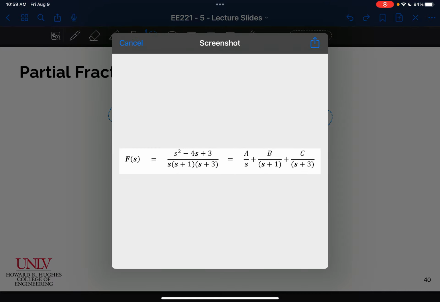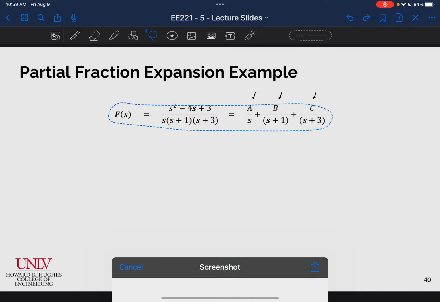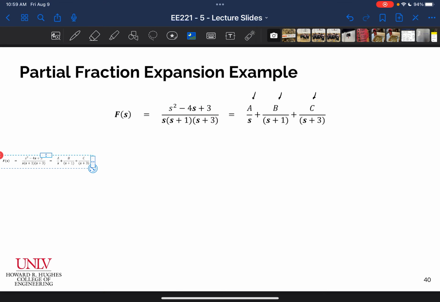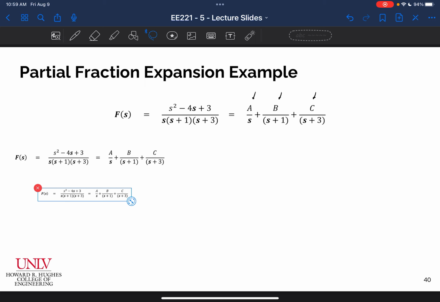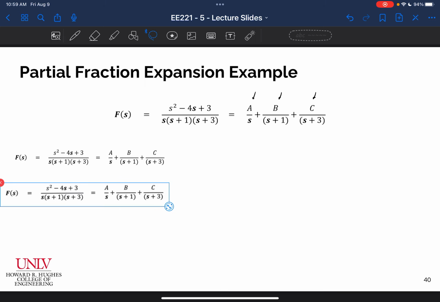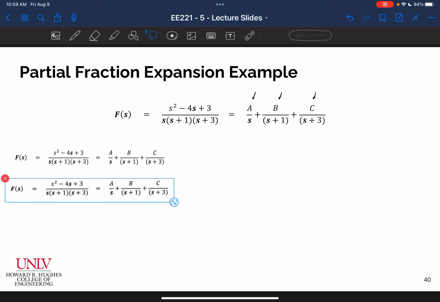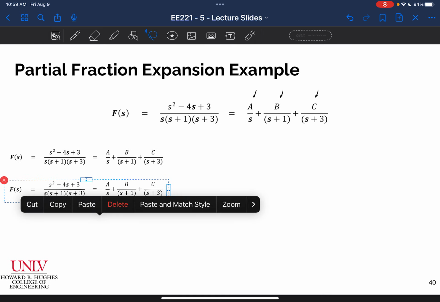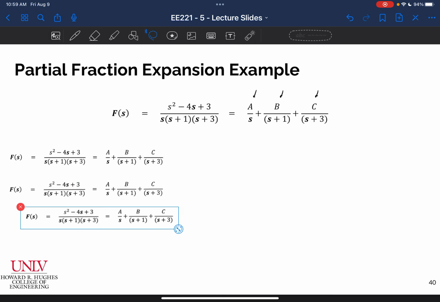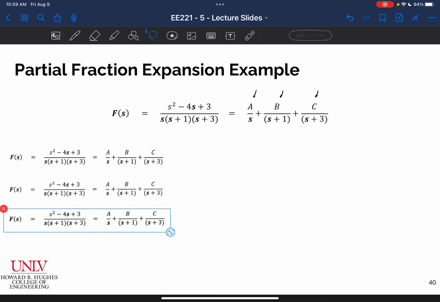I'll take a screenshot, and then I'll copy it here. I'll do it here. It keeps changing the size on me. There, and let's do one more. I can just paste the original one. And a little bigger, that's fine.